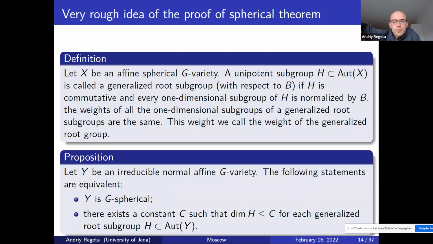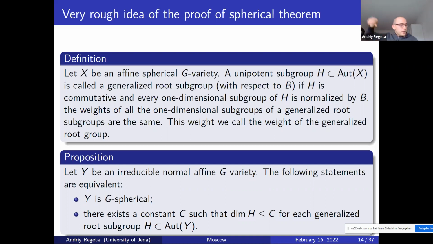So here is a proposition. Let Y be an irreducible normal affine G-variety. Then the following statements are equivalent: Y is G-spherical, and there exists a constant C such that the dimension of H is less or equal than C for each generalized root subgroup H in Aut Y. Actually, this constant C can be given precisely.